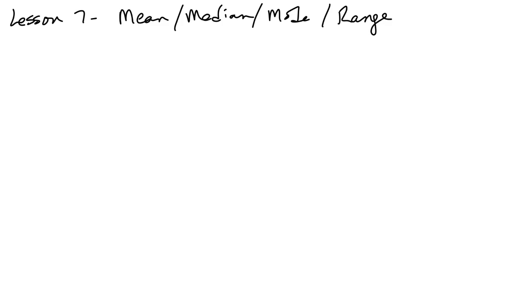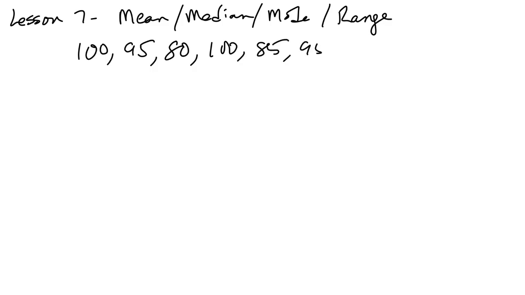So let's say I have the following data values: 100, 95, 80, 100, 85, 95, 100, and 95. Well, the first thing we should do is put these in order. The smallest is 80. Then we have 85.